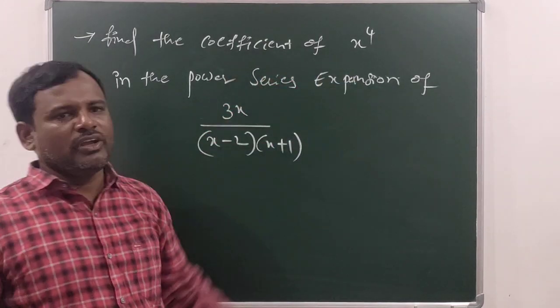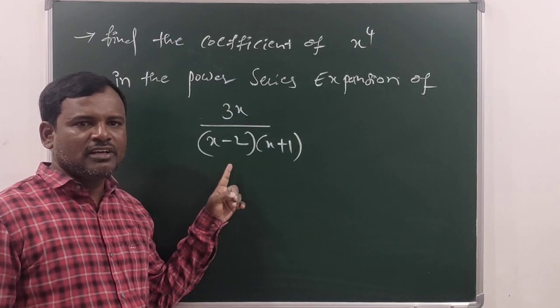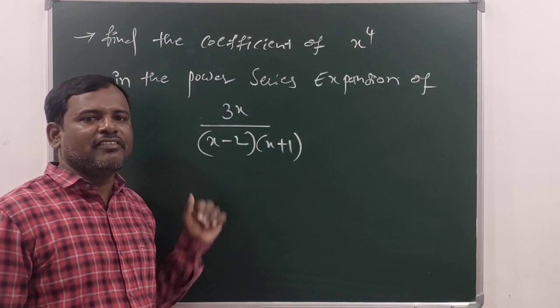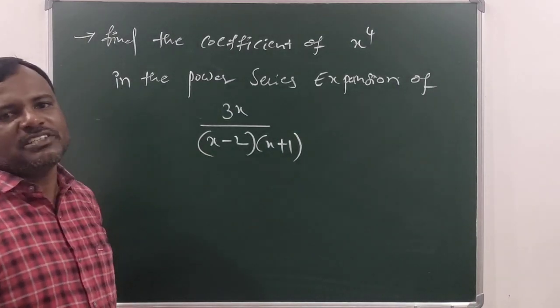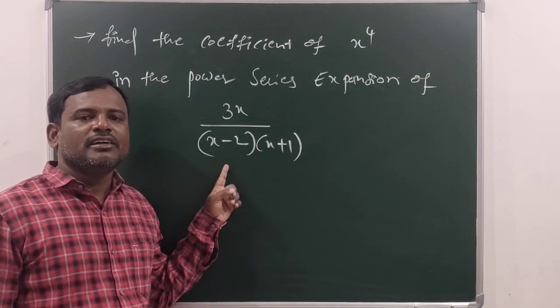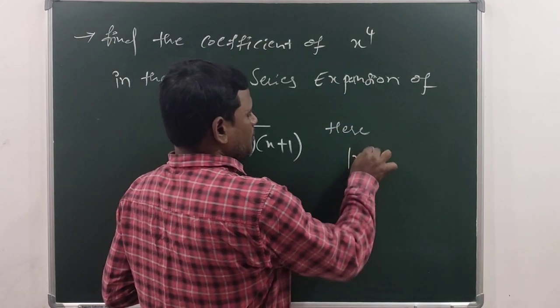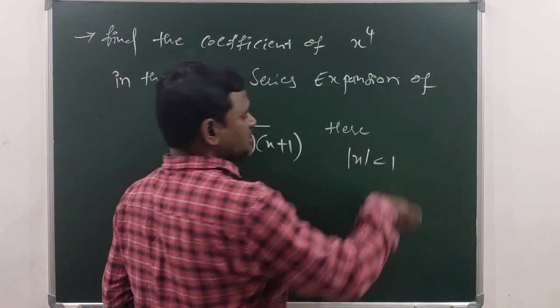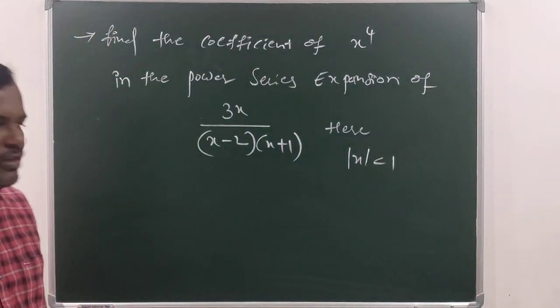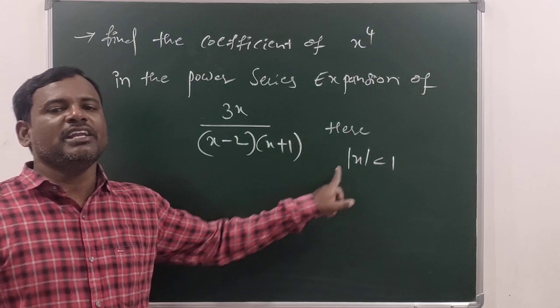Find the coefficient of x^4 in the power series expansion of this, specifying the interval in which the expansion is valid. Here mod x must be less than 1. You know, those 4 expansions will be valid whenever x value is between minus 1 and 1.